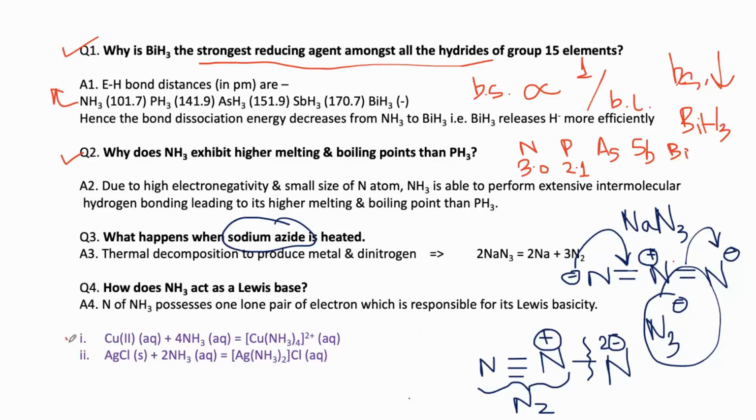The first example is when a copper(II) salt, which is blue in color, is treated with ammonia or NH3, we form this deep blue solution, [Cu(NH3)4]2+, the copper tetraammine complex. The next example is AgCl, a white precipitate. When it is treated with ammonia, we form [Ag(NH3)2]Cl, which is soluble in water. In these cases you can see that the NH3 molecule acts as a Lewis base.